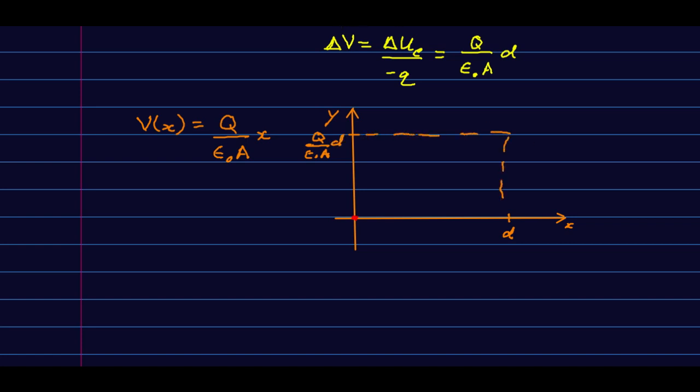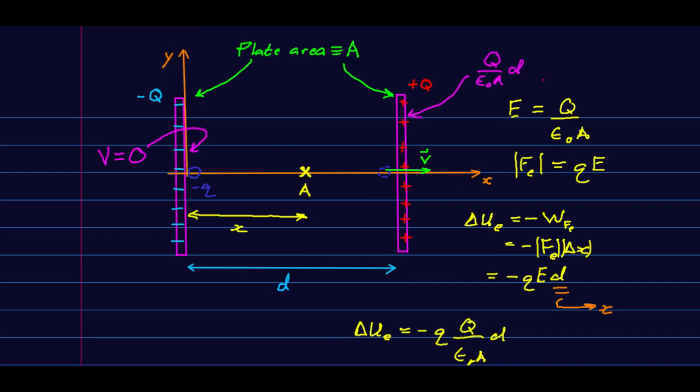So we know that much. But then in between, it's just this function. And look, it's an x to the power of 1, so that's a linear function. And so our potential as a function of position inside a parallel plate capacitor is just a straight line with a slope. The slope is Q over epsilon naught A. Oh, hey, look, that just happens to be the electric field strength.